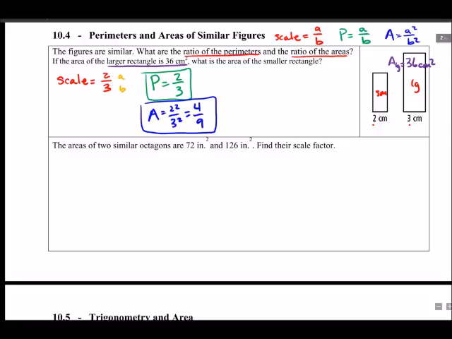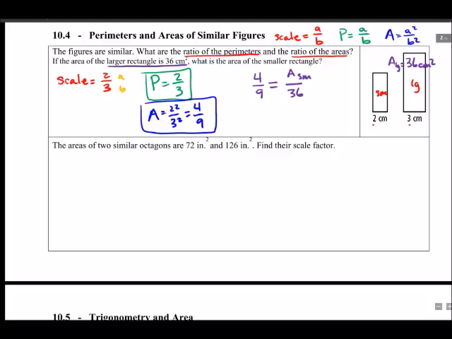So now we have perimeter ratio and area ratio, and now we want the area of the small triangle. So I am going to use my area ratio, 4 to 9, and write a proportion here. And area small and area large is 36.